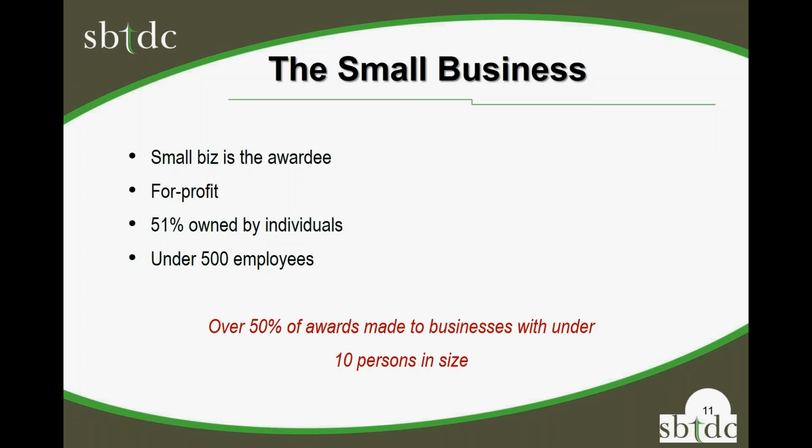So you might be thinking, well, geez, I'm only a 2 or a 5 person company. How am I possibly going to compete with a company that has 495 people?